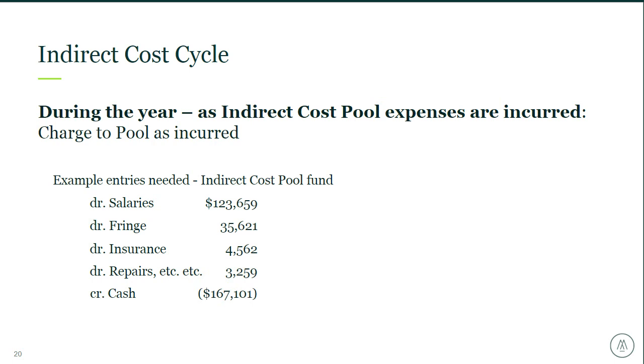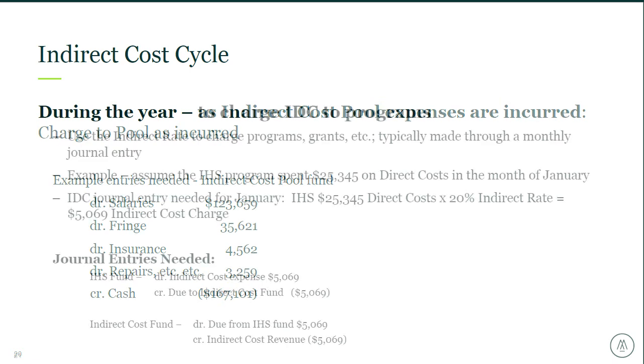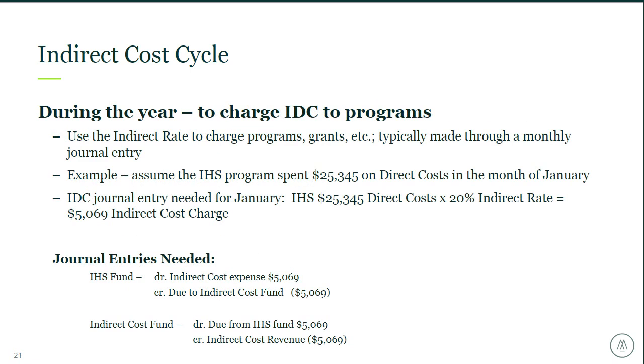As you're incurring those costs, in your indirect cost pool fund, you would debit those expenses and credit cash. I did not include the AP entries that normally go with this, but you have a general idea what the entry normally would look like for your indirect cost pool fund as expenses are incurred.